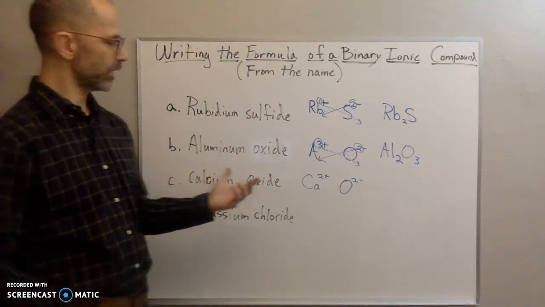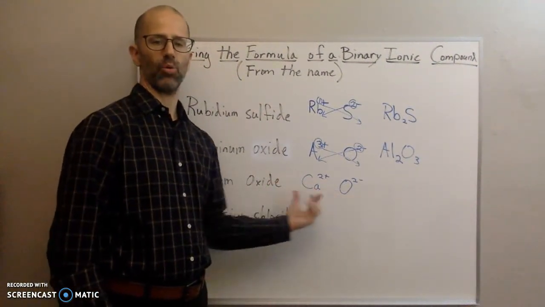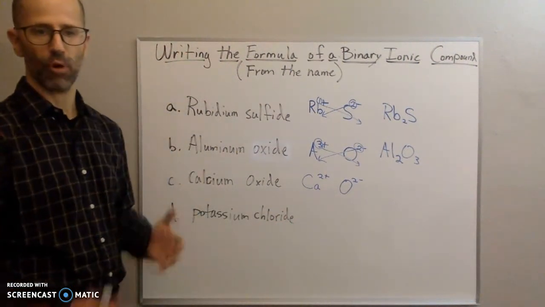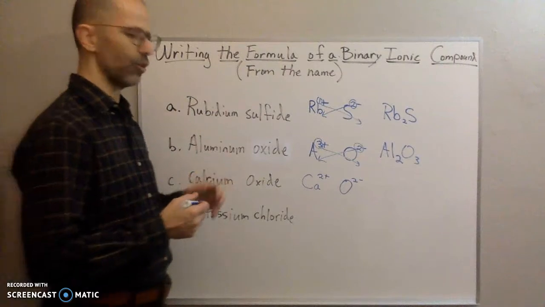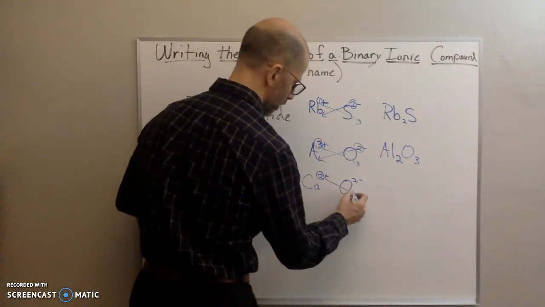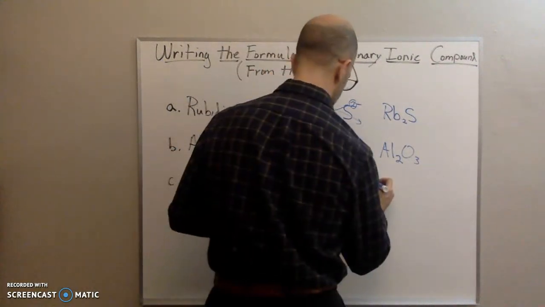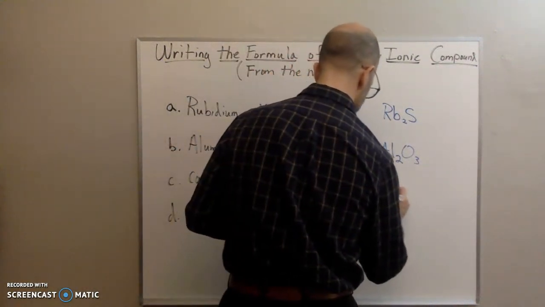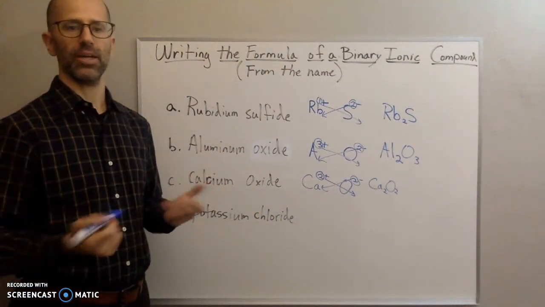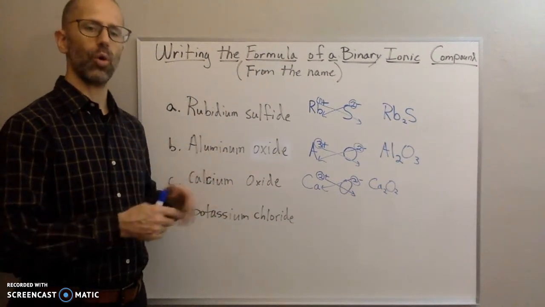So here we can just look at this and say, okay, if this has a 2+ and that has a 2-, then I only need one each to balance the charge. So the formula would only have one. If you do the crisscross method, remember, you put a 2 there, you put this 2 down there, and if you end up with Ca2O2, you can't stop there because your formula has to be in the lowest whole number ratio.